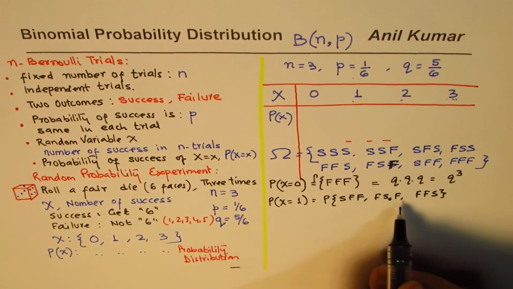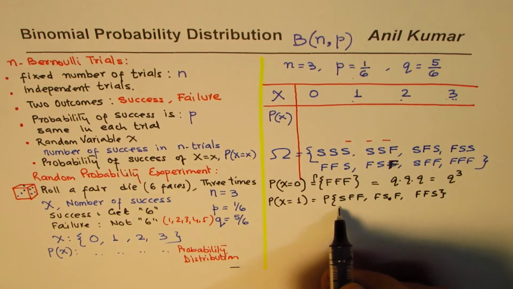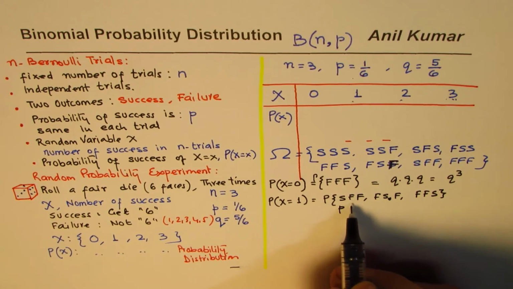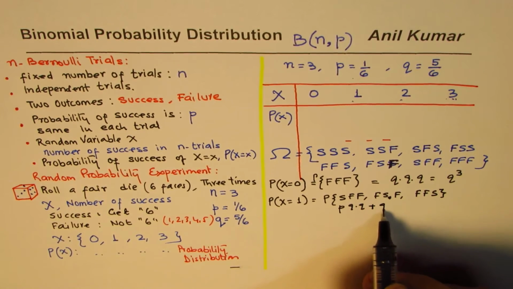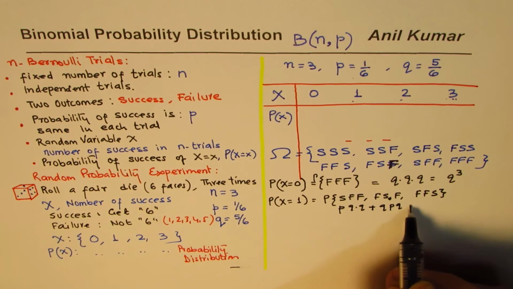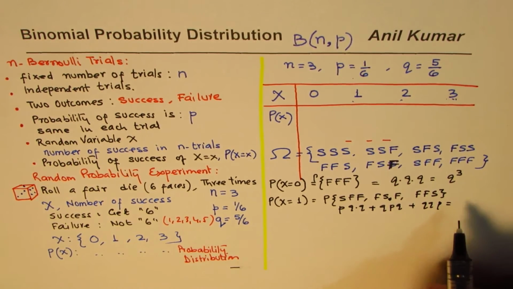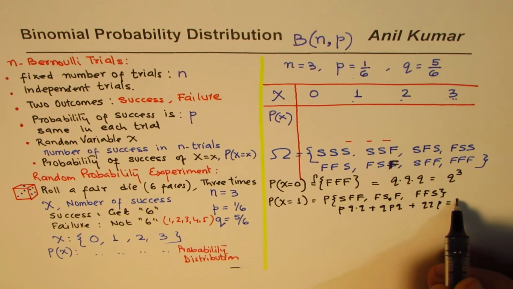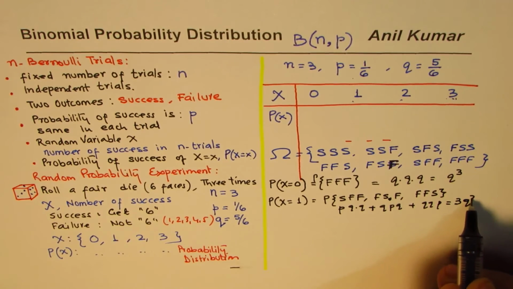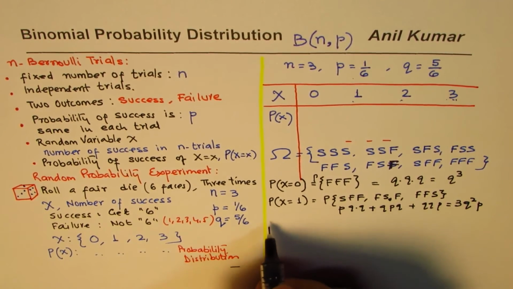So probability of each is how much? Probability of success is p, right? So we have p q square. This is q, right? Times q, or means plus. So it is failure, success, failure, plus failure, failure, success. Is that okay? So that gives me 3 terms which have p and q square. So let me write 3 q square p. Is that okay? So that is what we get for 1.